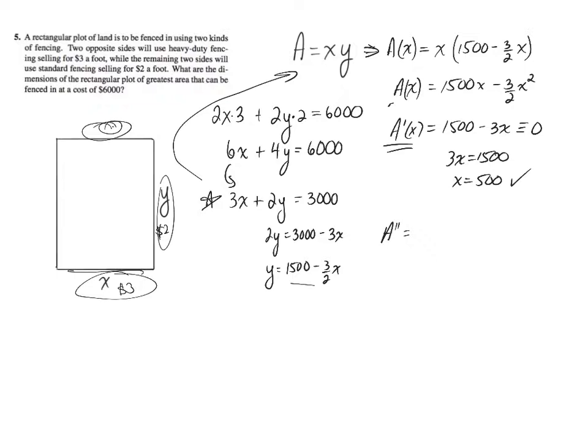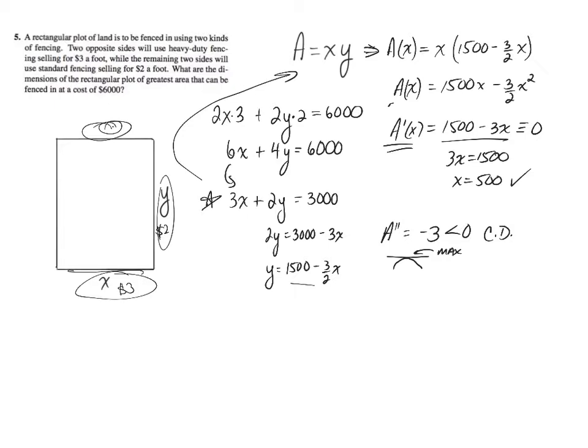The second derivative would just be -3, which of course is less than 0, which means the function is concave down, and therefore a zero slope when it's concave down represents a max. So by the second derivative test, we verified that an x value of 500 is going to give your maximum area.